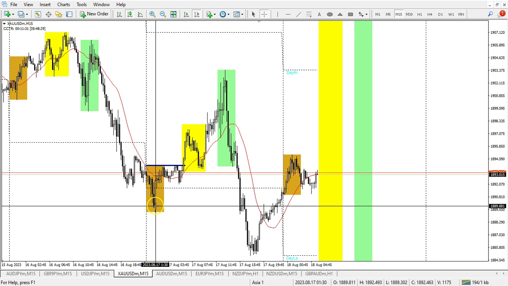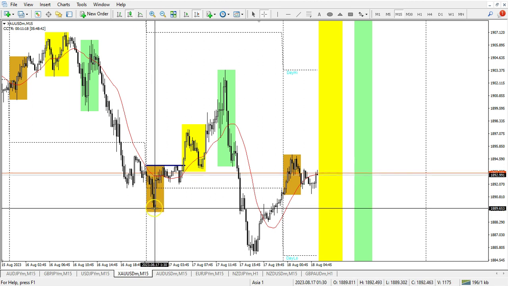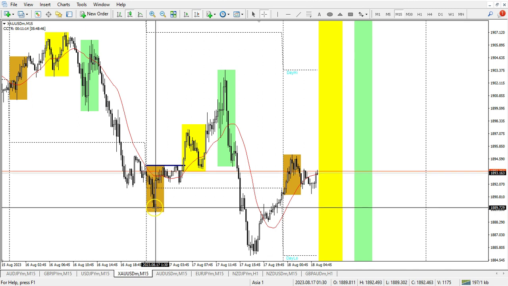It happened exactly when this session opens at 2 a.m. in the morning, and I didn't talk about this session when I was explaining, because I don't like trading this session. But look, the same applies if you are talking about Asia. Then the candle will have to come at 3:30, because Asian times are the same as the US times. It's just that one will be AM and one will be PM.